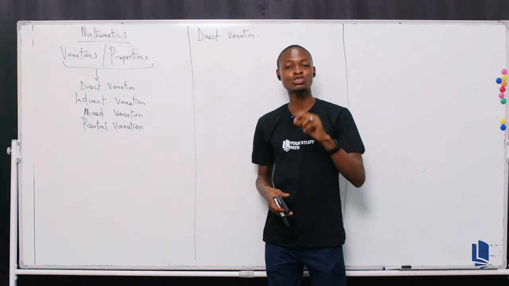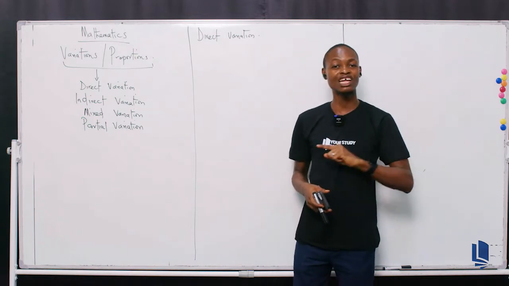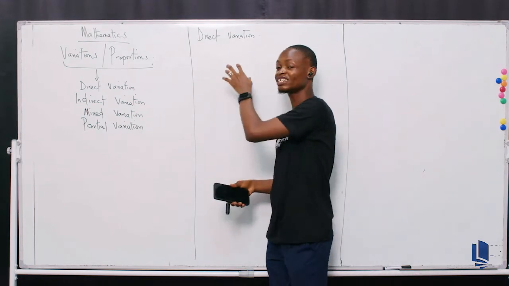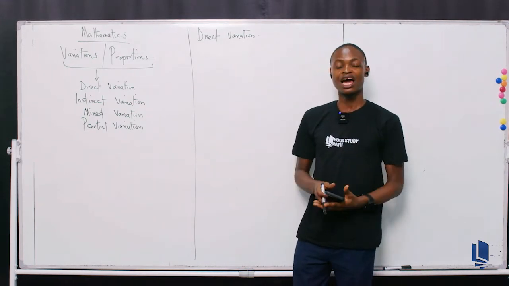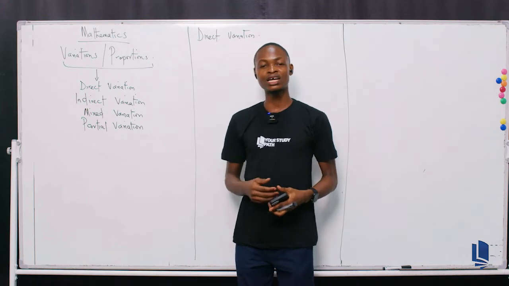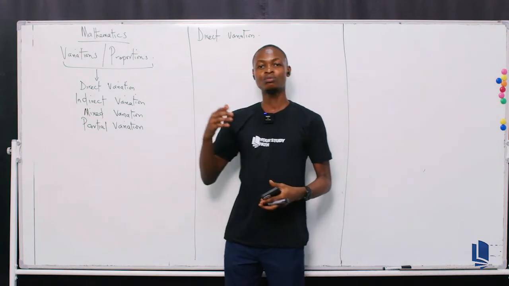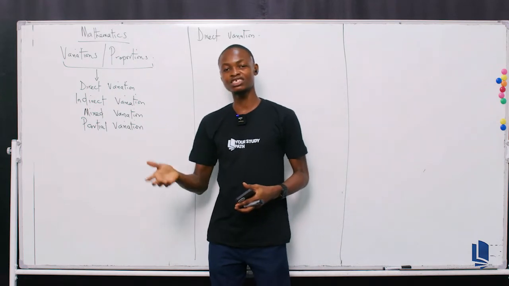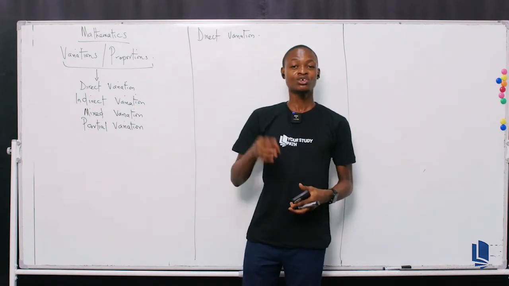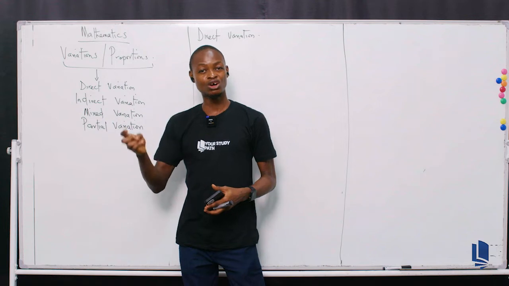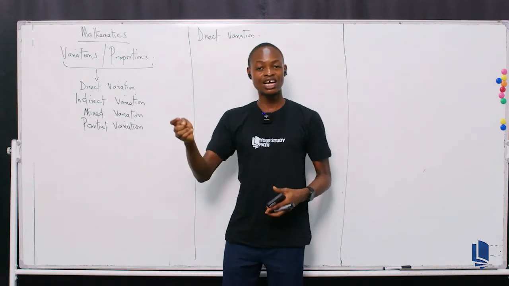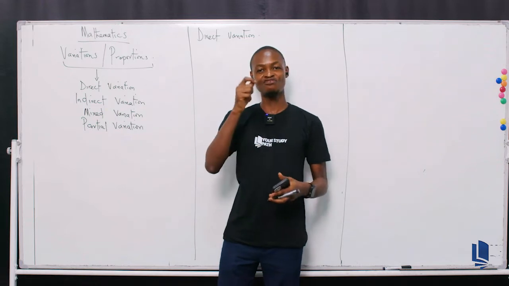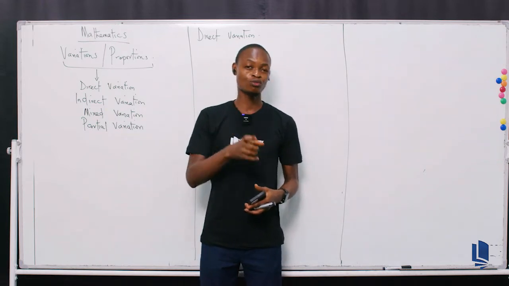But more importantly, it's also very important in other fields of science. For instance, in physics, concepts under Boyle's law and Charles' law, and it's also in chemistry as well. You'll find out that Boyle's law, Charles' law, and the ideal gas law use the concept of variations or proportions.